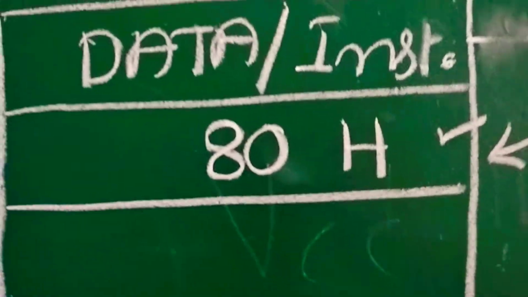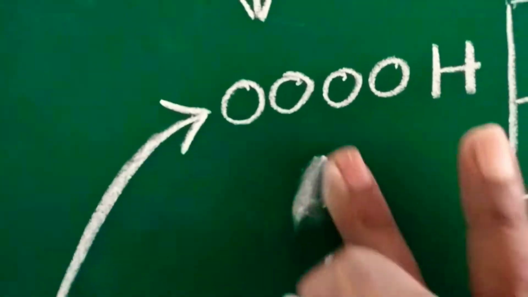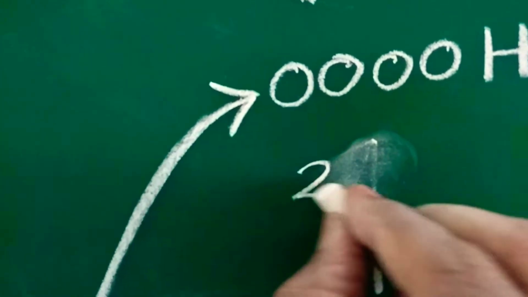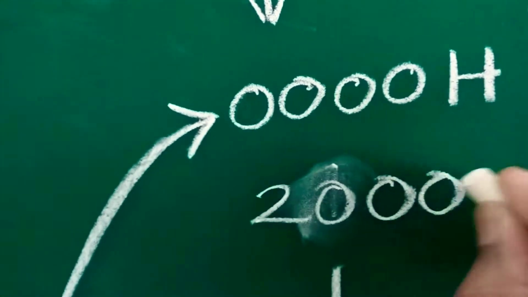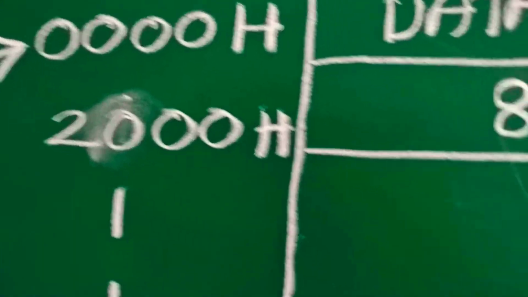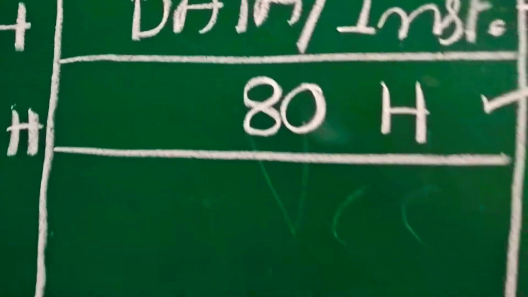Now suppose this instruction is written at location number, say, 2000H, for example.